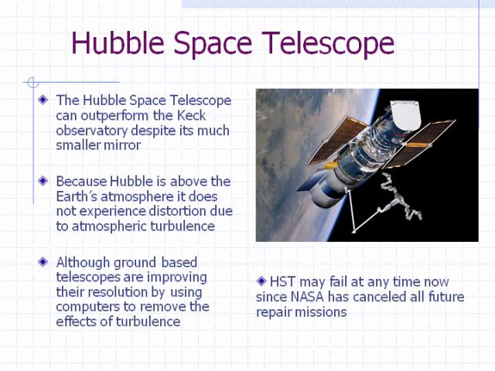But again, very few telescopes can even approach the resolution limit of Hubble, because Hubble doesn't have to deal with the atmospheric turbulence. Hubble can fail at any time now, and NASA has canceled any future repair missions because the space shuttle has been retired. So, hopefully we'll have Hubble around for quite some time.